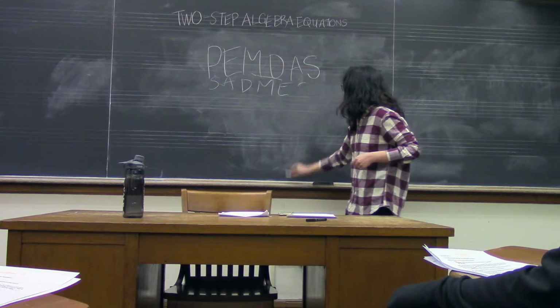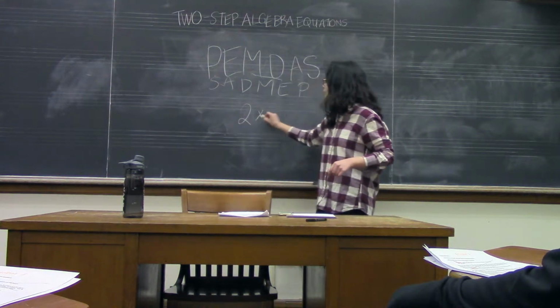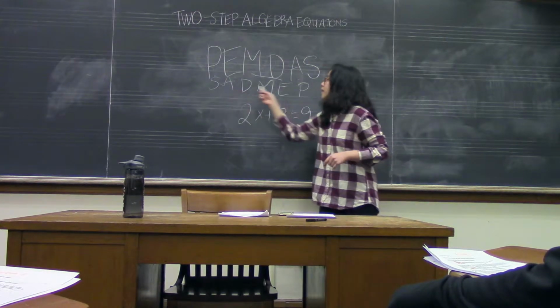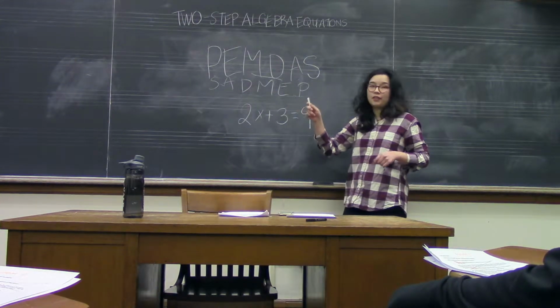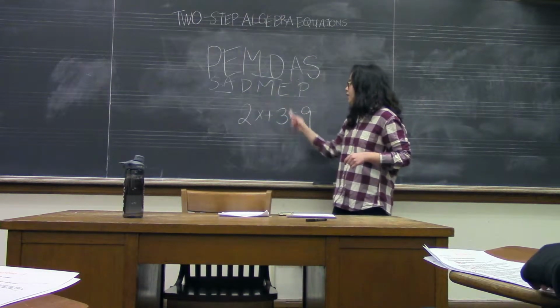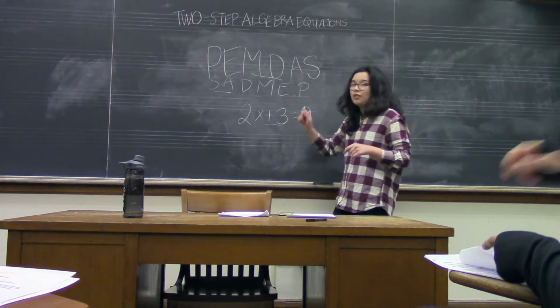Let's do two-step equations. Here we have 2x plus 3 equals 9. Using the same backwards PEMDAS, what would we do first? S and A. So we do subtraction and addition first. Right here we have addition. Does anyone know how to undo addition?